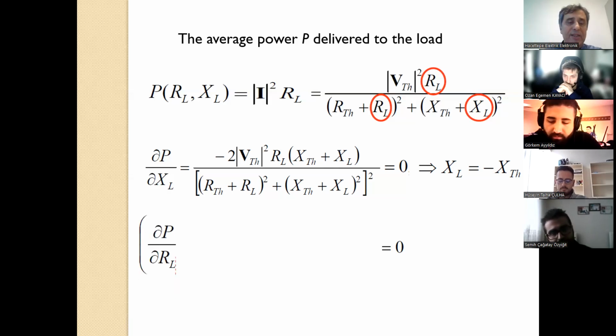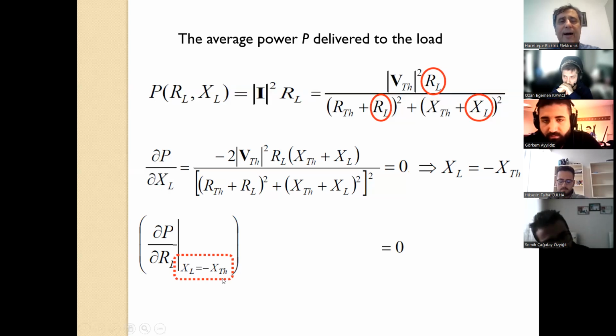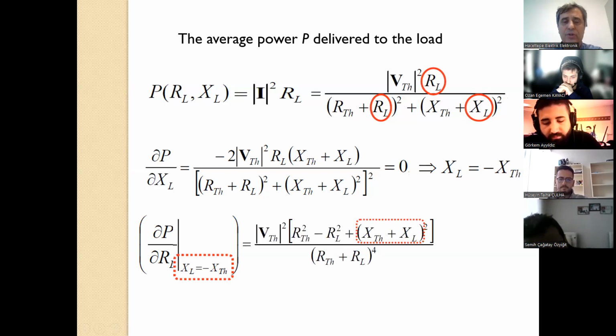What about the resistive case? For the first case, I might try to make the expression without any limit. But anyway, first let me make the derivation again. This time, not for XL, for RL, another derivation. I'm taking the derivative of the average power in terms of what?